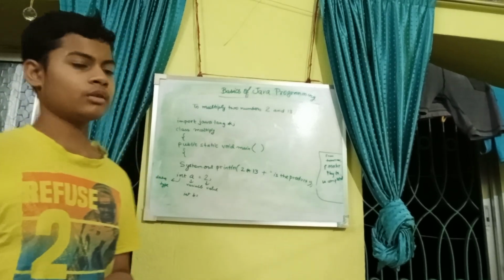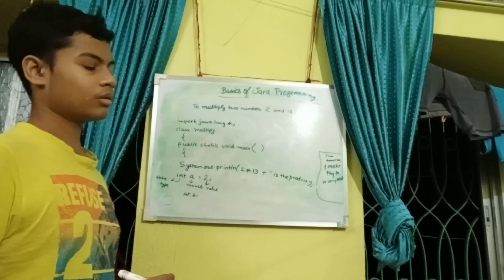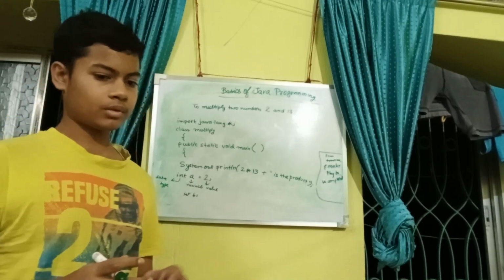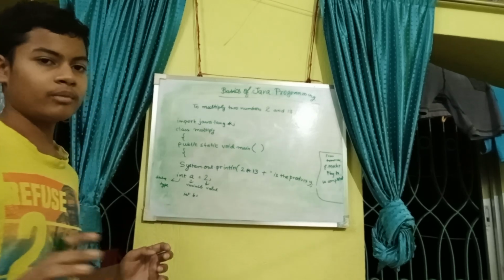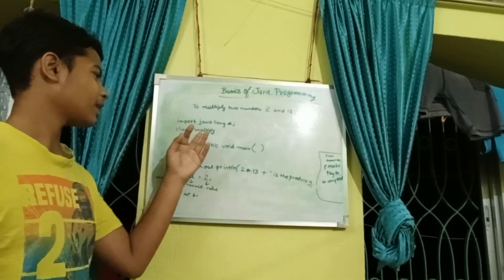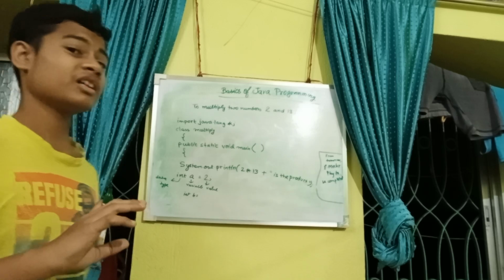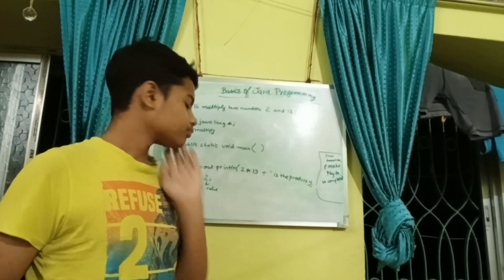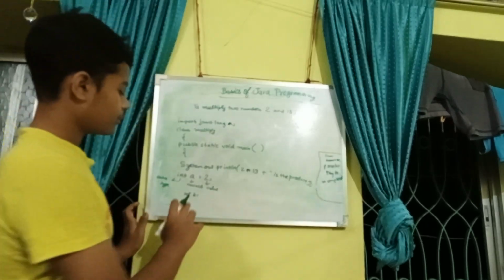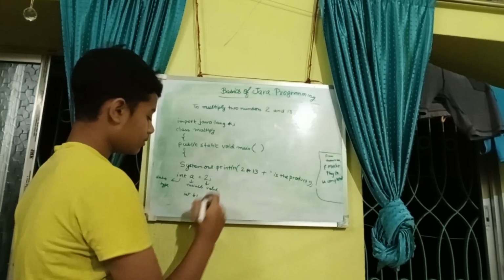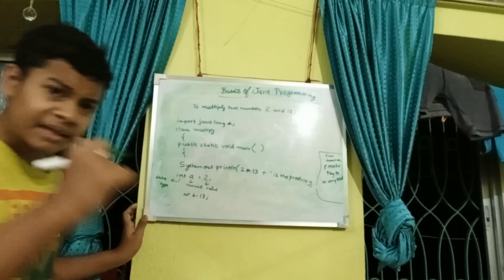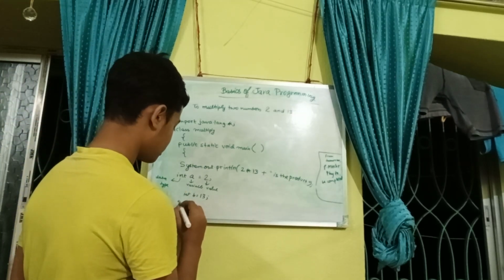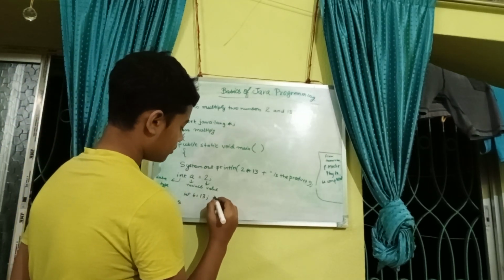Now, as you are a beginner, I'm not giving pressure on it. You just give random names. So I'm giving b's value as 13 semicolon.